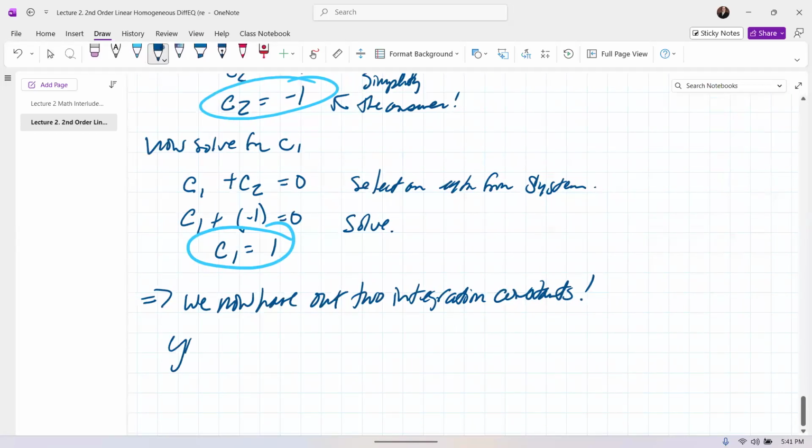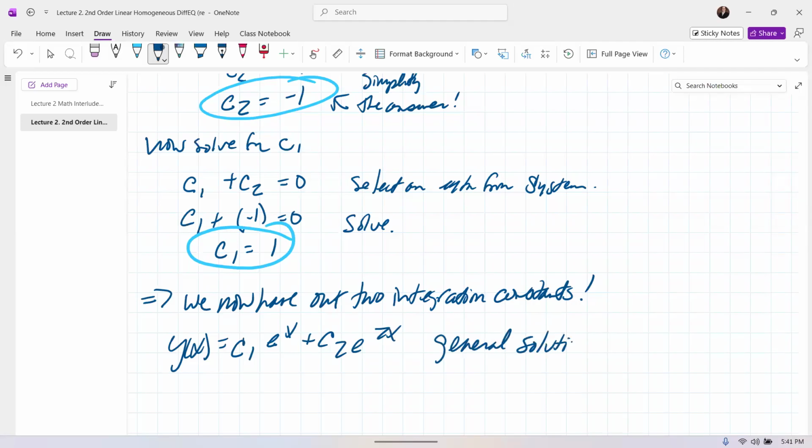y of x equals C1 e to the x plus C2 e to the 2x. This is the general solution to the second order linear homogeneous differential equation. Now we do y of x equals, what is C1?